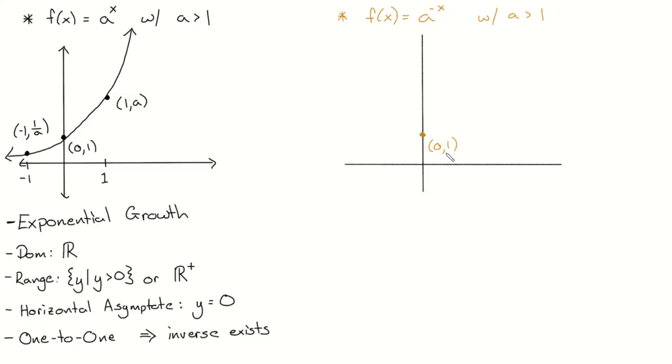Okay, give me another value of x that we might pick. Negative 1. Okay, I'm going to do some scratch work. If we try to do a to the negative negative 1, because that's what we just plugged in, this becomes a to the 1. So if I go to negative 1, I'm just going to have negative 1 and a, which if a is bigger than 1, it's somewhere up here.